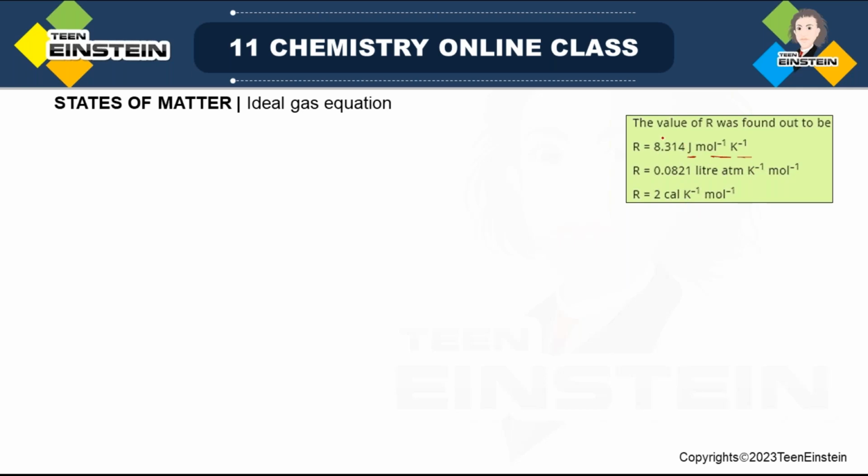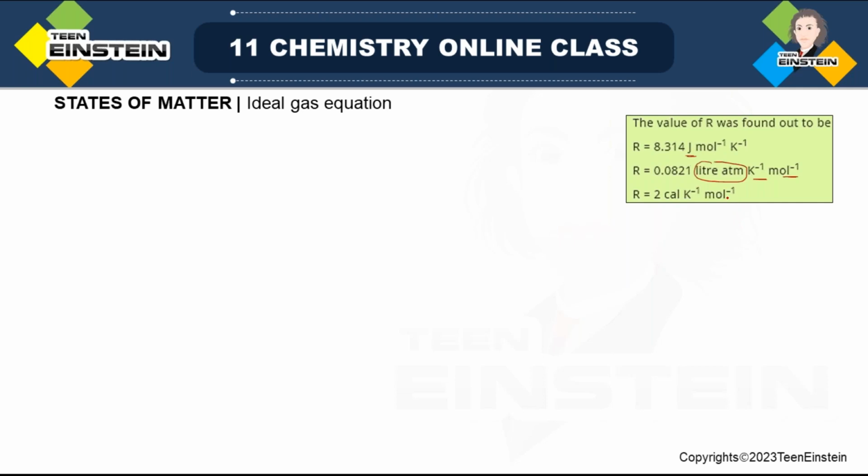In joule, the value is 8.314 joule per mole per Kelvin. Then if it is in liter atmosphere, instead of joule, we have liter atmosphere, that is volume and pressure, but per Kelvin per mole is still present.